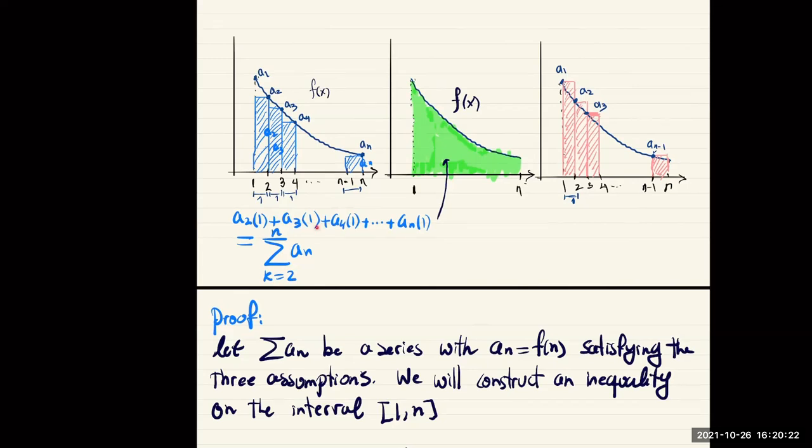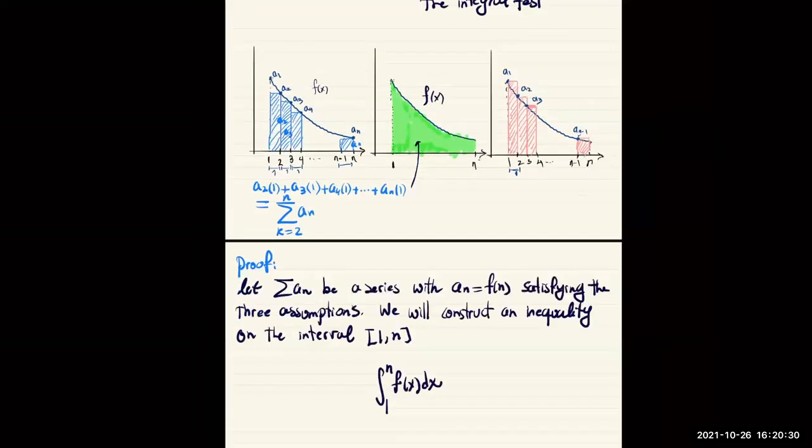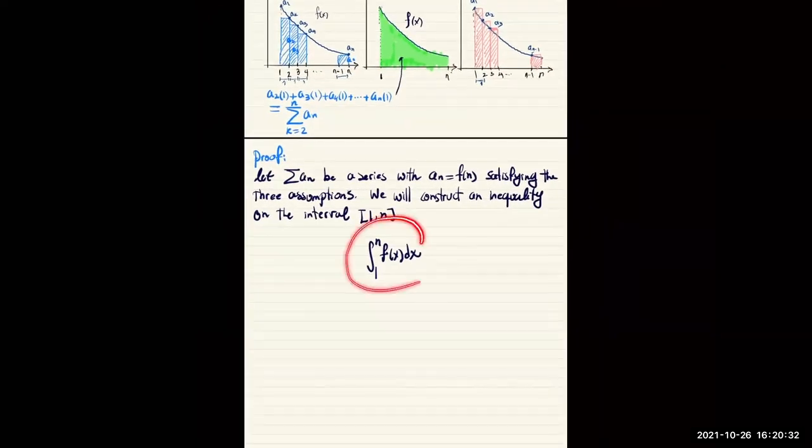This total area is smaller than this total area. Okay, so we can say that this integral is bigger than the sum of the area of those rectangles.